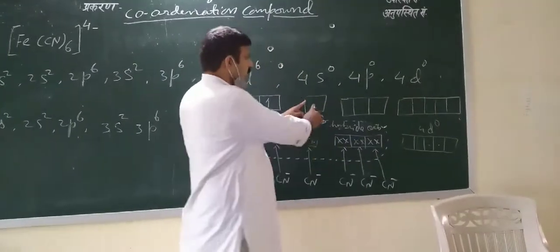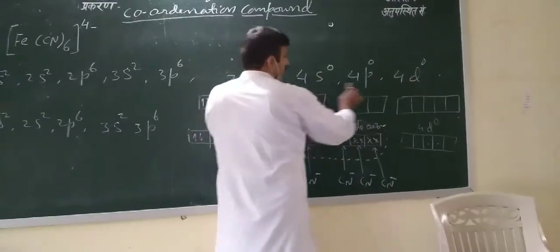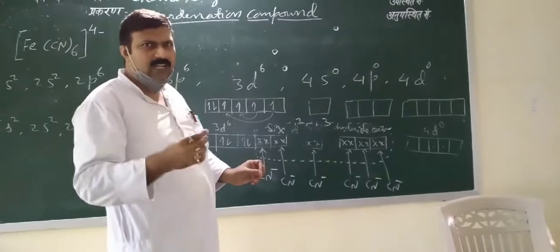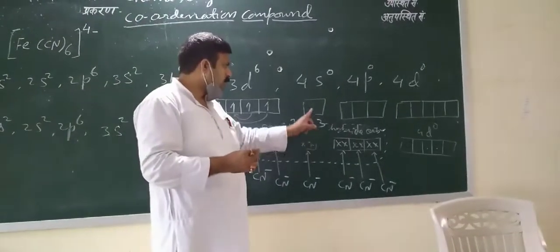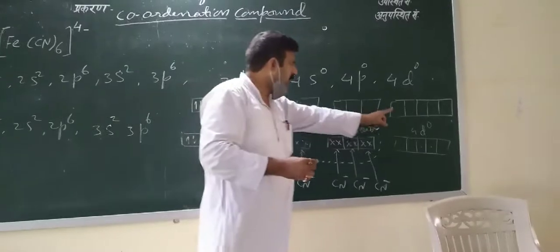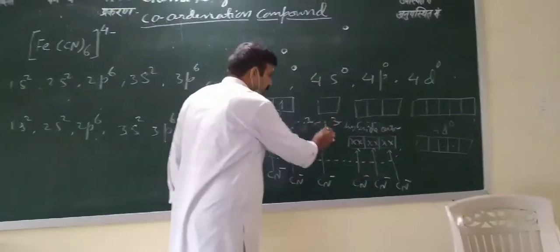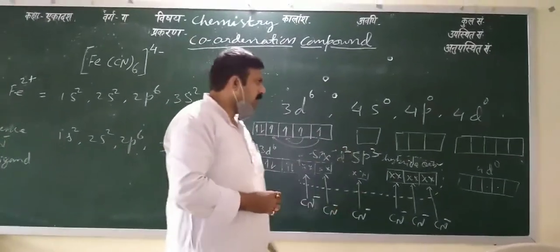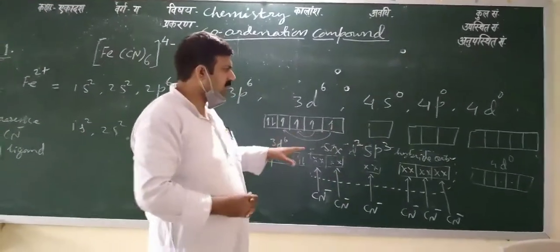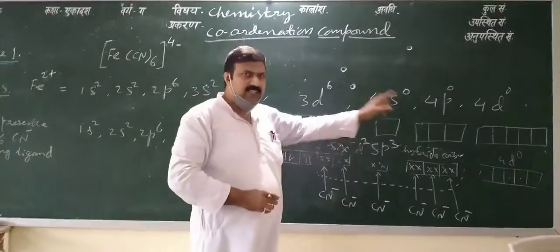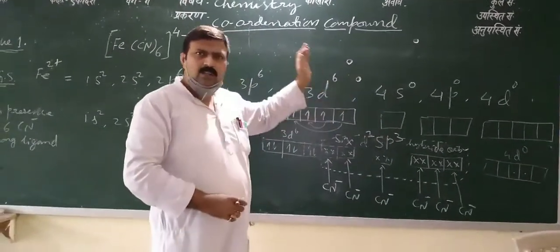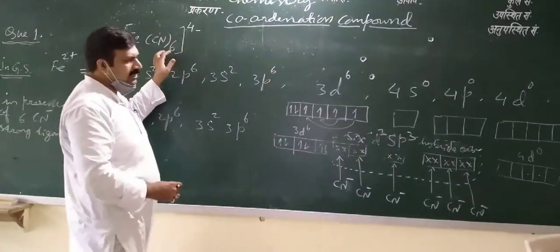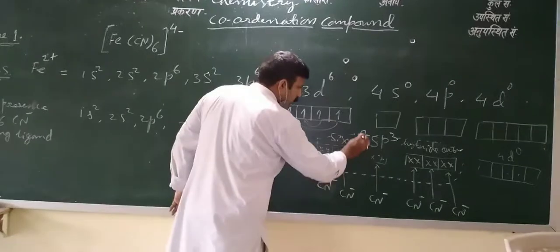In these 6 hybrid orbitals, the lone pair of the oxygen atom of each H2O molecule will form a coordinate bond with the sp3d2 orbitals and form the [Fe(H2O)6]2+ complex ion. Now in [Fe(H2O)6]2+ the hybridization is sp3d2, so it is called an outer orbital complex. But [Fe(CN)6]4- is an inner orbital complex because it is d2sp3.